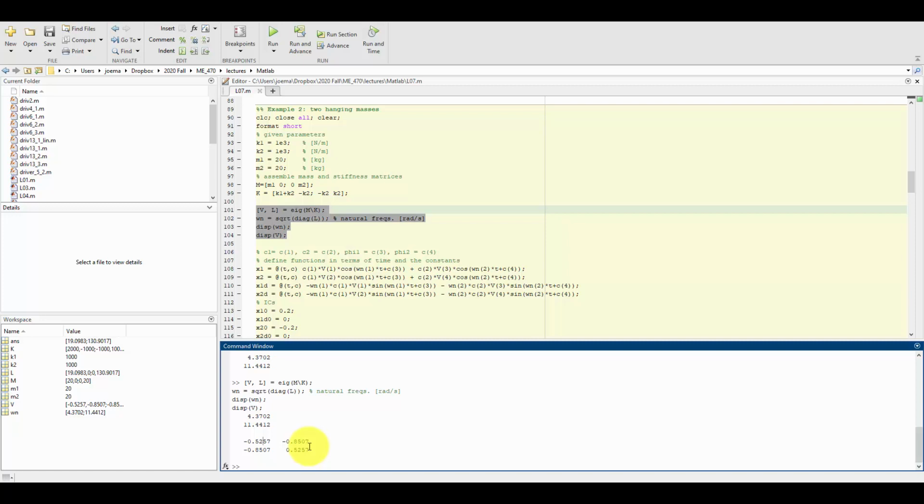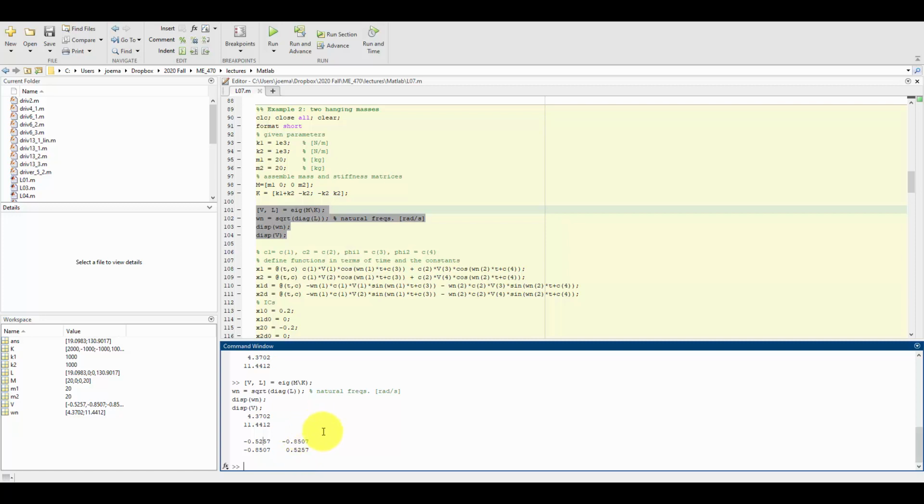That won't always be the case. But here it is. And just remember that the order of the eigenvalues is associated with the order of the eigenvectors. So the first column of V is associated with the 4.37 natural frequency, which comes from the first eigenvalue. And the second column of V is associated with the 11.44, coming from the second eigenvalue.